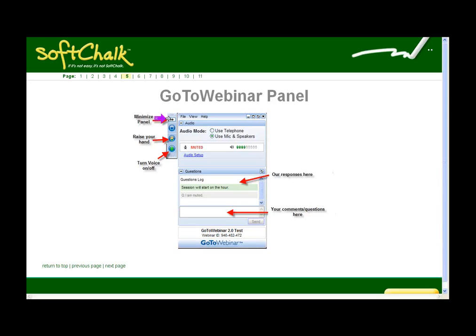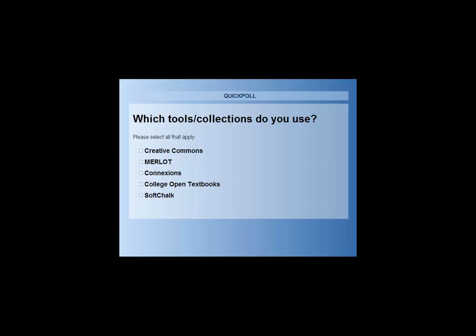Now, this panel may be in your way, so you can click here and move it out of the way. Then you can click there again to make it viewable, and you can then go to the Q&A box.